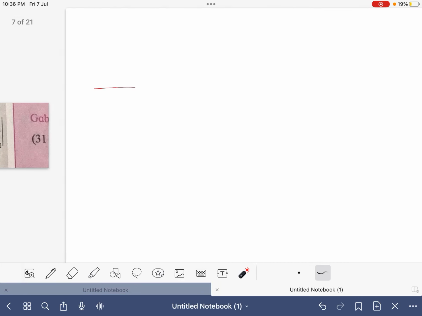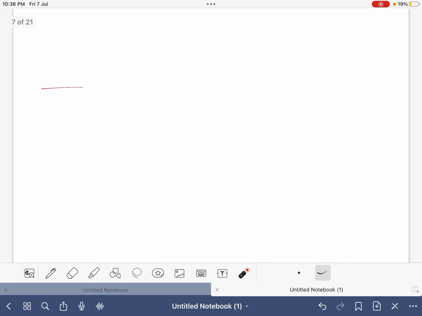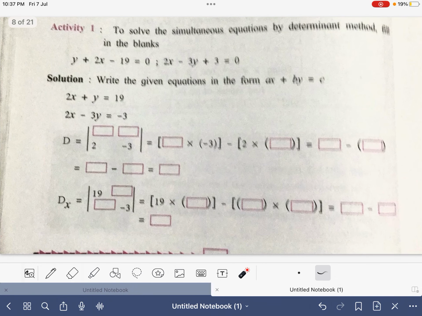Now let's move to a few examples. First of all, this is one example, or one activity, which is given to you. We have to complete the activity.